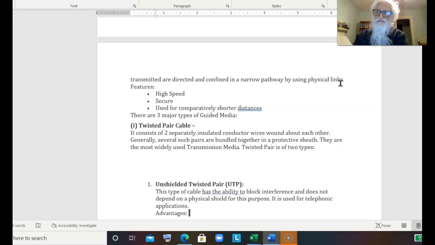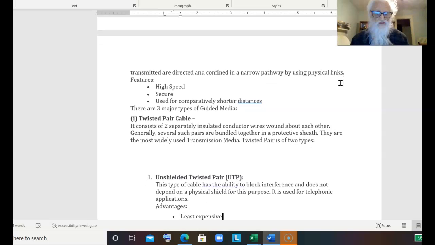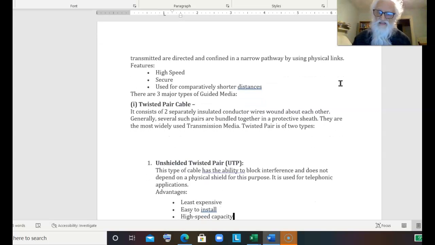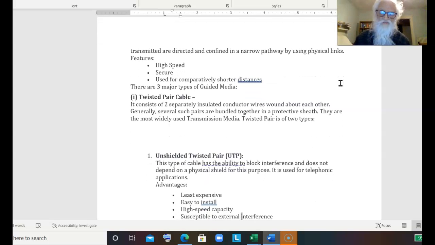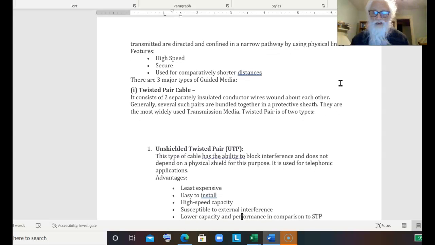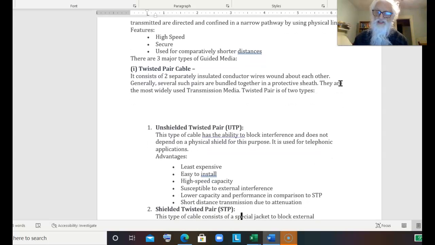It does not depend on a physical shield to block it. And it's used mostly for telephones. Least expensive, easy to install, high speed, but it is susceptible to external interference. And it's got a lower capacity than compared to the shielded twisted pair.